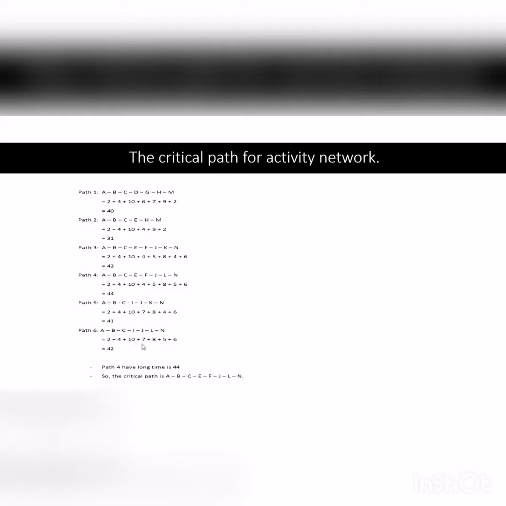So the critical path is path 4 because it has the longest time, which is 44. So the critical path is path 4, which is A to B to C to E to F to J to L and to N. So that's all of the explanation for question 2.